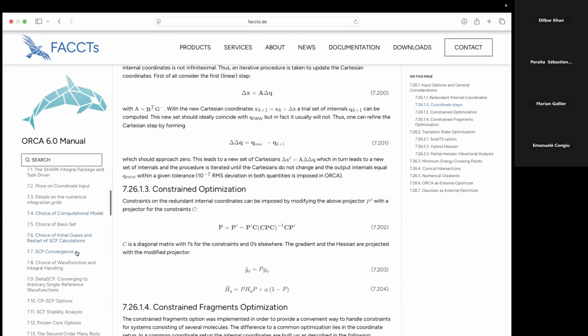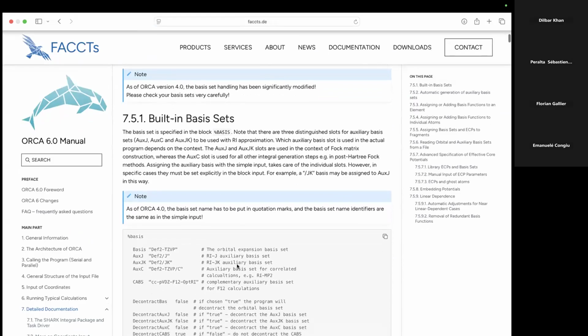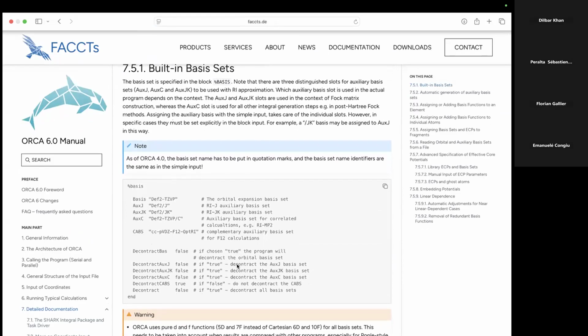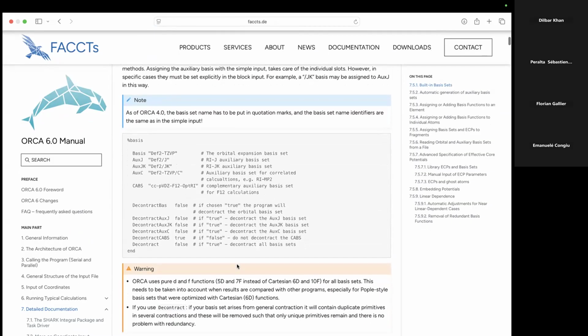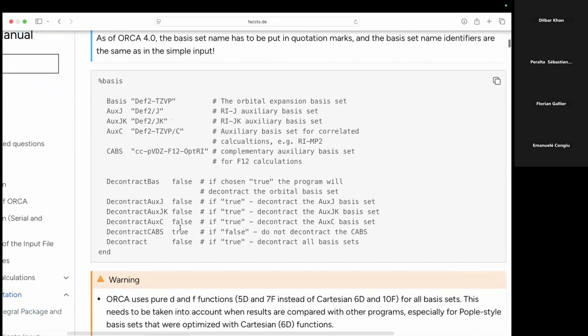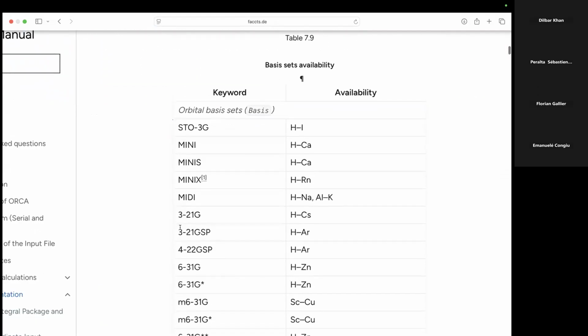Right, okay, I want to talk about the choice of the basis set. As I told you before, the basis set is a mathematical way of defining the wave function. There are different types of basis sets, and it's very important to choose a proper basis set for your optimization.